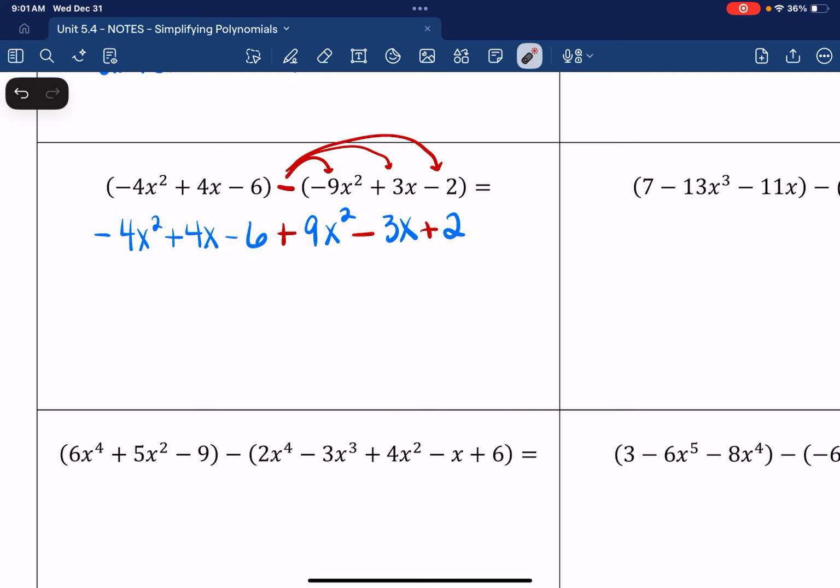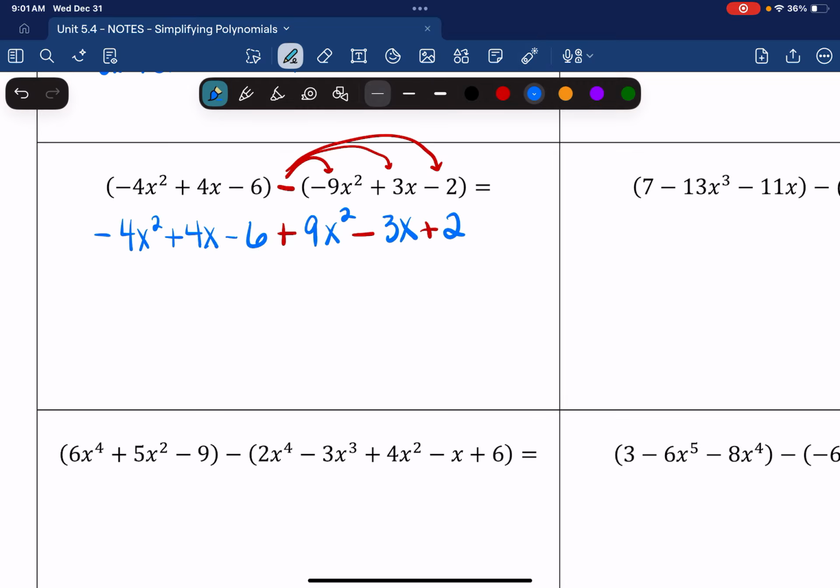And why did we do that? Because we're subtracting this entire expression. Now we can go ahead and circle, underline, highlight, whatever it is you want to do, right? We have our minus 4x squared and our plus 9x squared. We have our plus 4x and our minus 3x. We have our minus 6 and our plus 2.